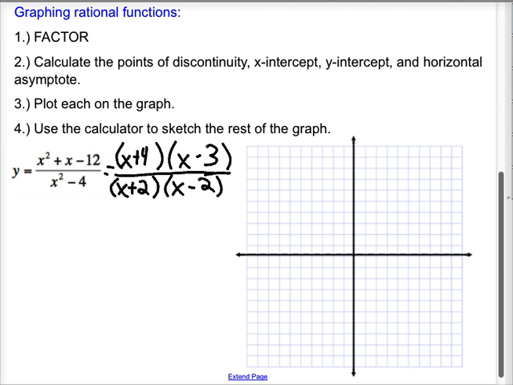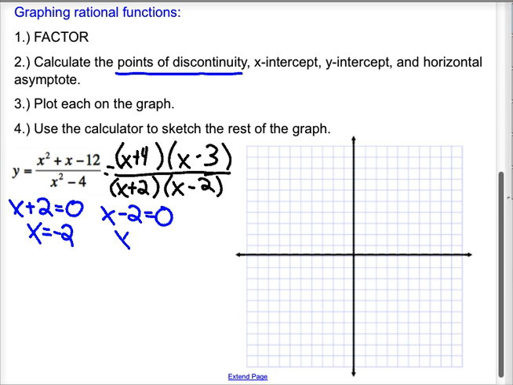So now let's find the points of discontinuity. My points of discontinuity are going to happen when the bottom equals 0. So the first thing I'm going to do is set the bottom equal to 0. So I have 2 points of discontinuity, at -2 and at +2.